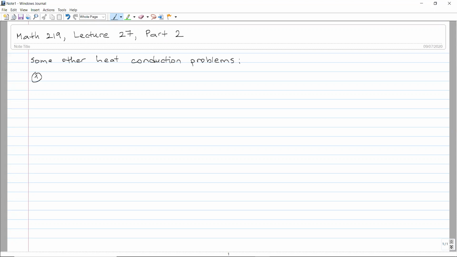The first one, where the boundary conditions are non-zero. And the second one, where the ends are insulated.